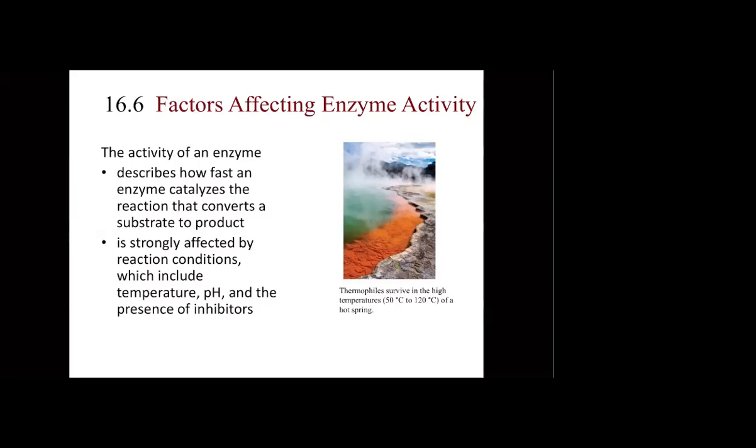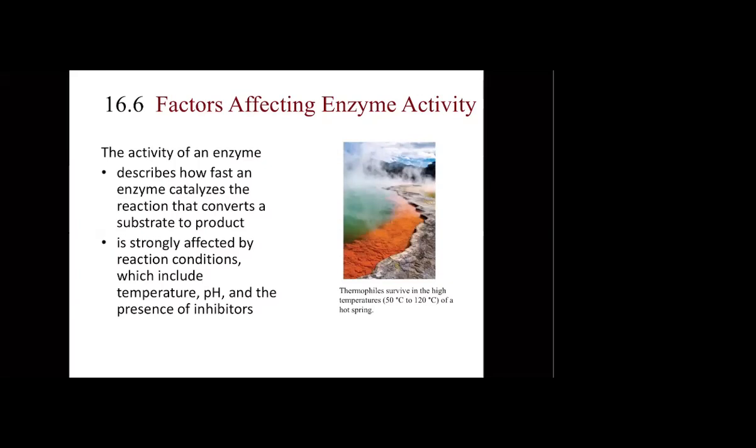Now, it is known that some of them have organisms that are known as thermophiles, okay? A thermophile is an organism that can survive high temperatures. And those high temperatures, as you can see, can go from 50 degrees Celsius to 120 degrees Celsius for these hot springs.